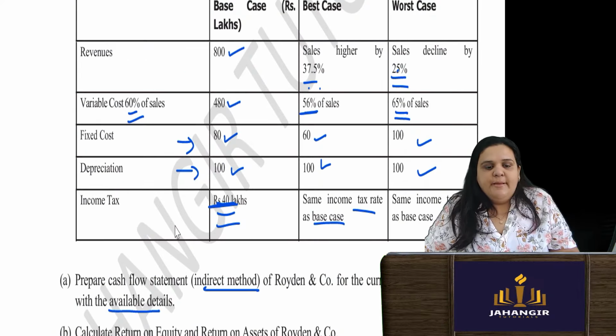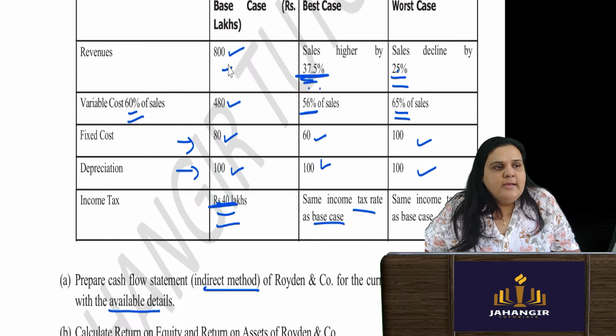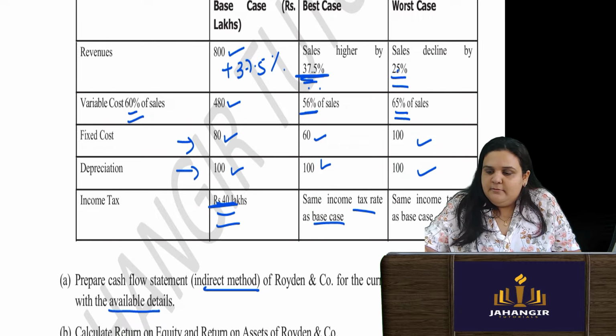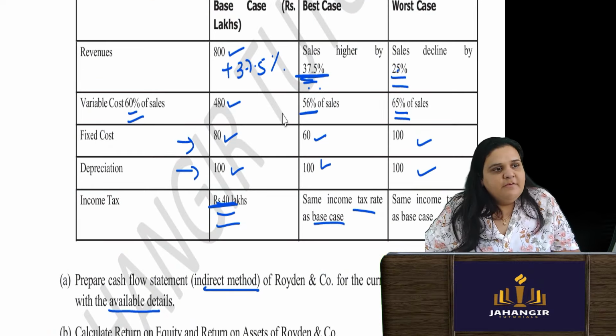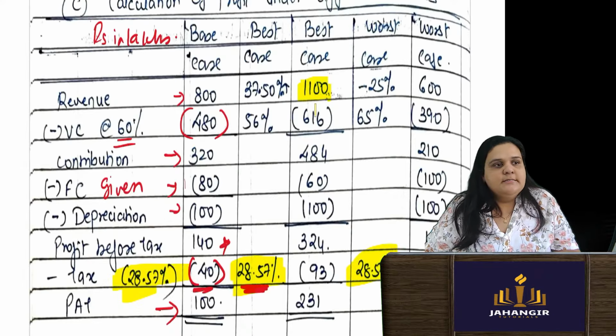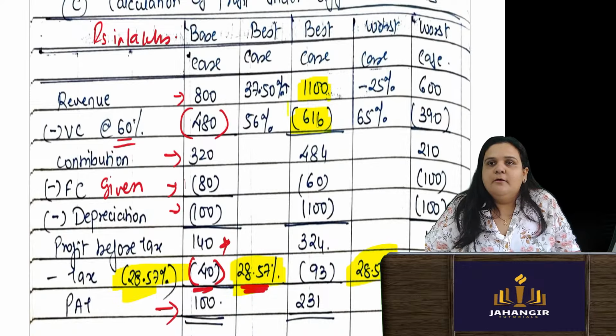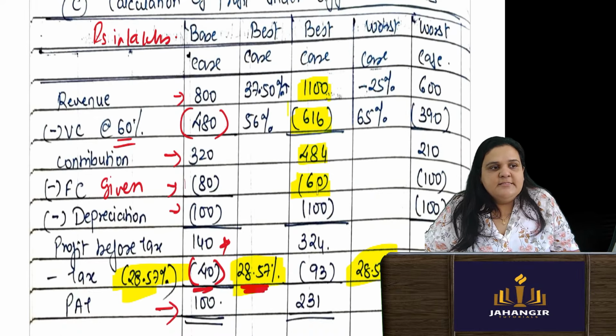Now in the best case, they are saying sales will rise by 37.5%. So 800 plus 37.5%: your sales will now become 1100. They have given me the percentage of variable cost, so on 1100, take 56%. Easy. You will get a contribution of 484. Fixed cost given to me 60, depreciation given to me 100.